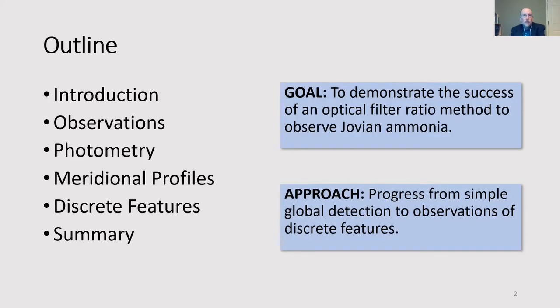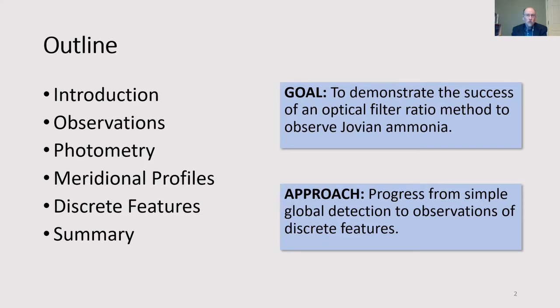The outline I'll cover today: I'll give an introduction, and then I'll talk about the observations that I've made, some photometry of Jupiter, that is disk integrated photometry. We'll look at meridional profiles of Jupiter, and we'll look for discrete features in ammonia, and then I'll summarize and wrap up.